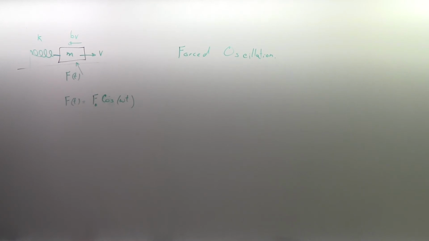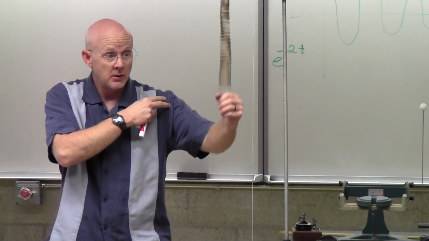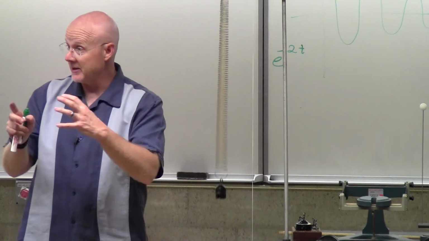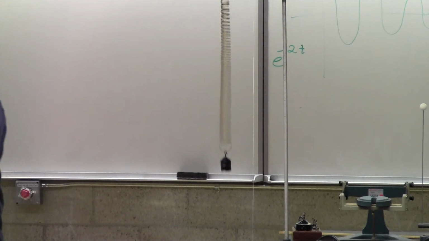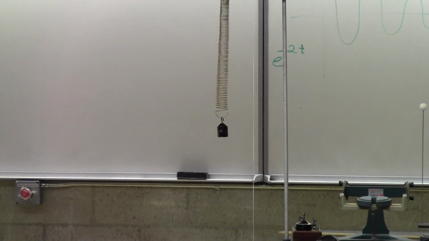It'd be like if I grab it with my hand. My hand is an external force, and I would move it down at some frequency. Of course, the spring and the resistance want to make it go up and down at a different frequency, the square root of k over m, what we're now going to call its natural frequency.